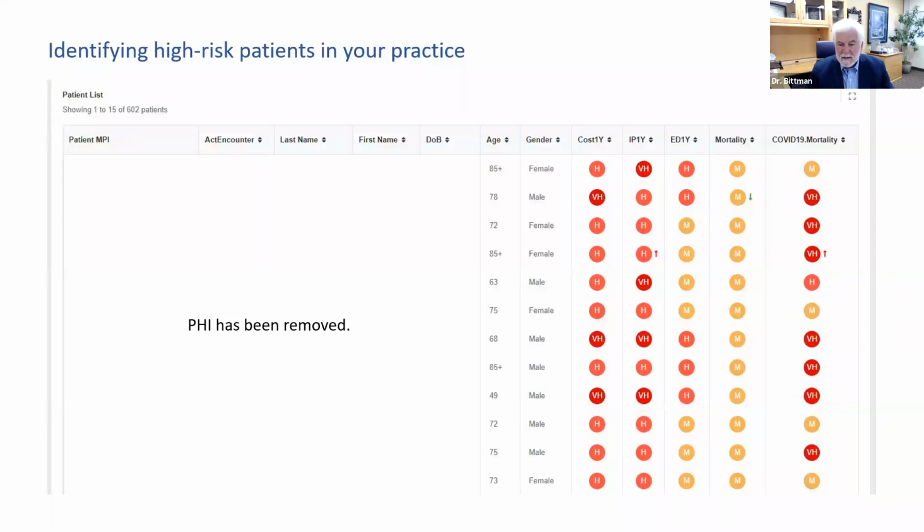So when you see H or VH, high or very high, this is danger, Will Robinson. That patient is likely to get into trouble. And for you to do well and to best treat these patients, you have to become proactive with these individuals. So it's no longer, again, looking at today's roster and saying, I'm responsible for these 10 patients.